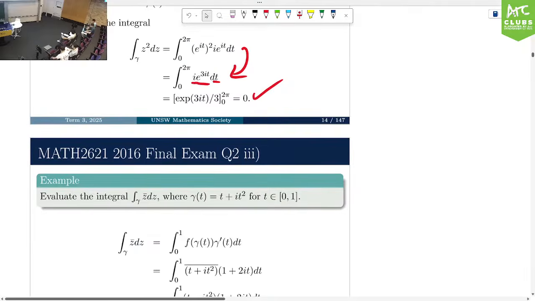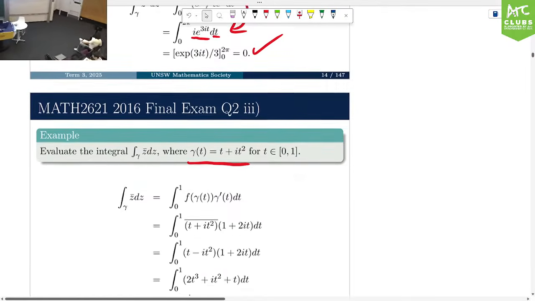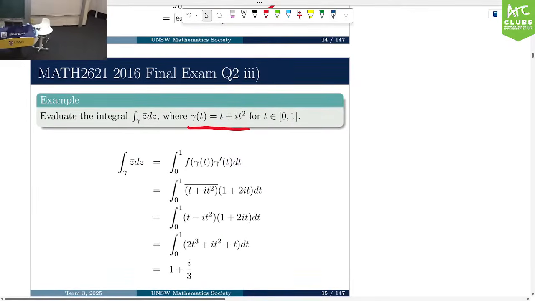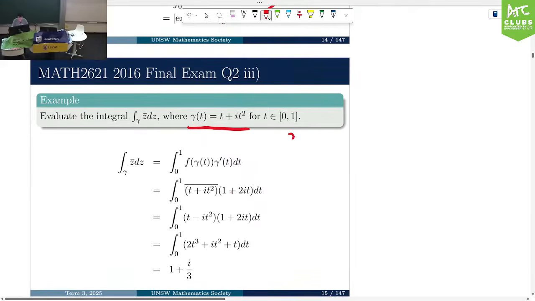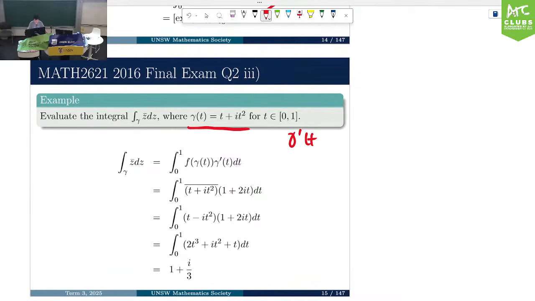So this is another similar example, except they gave us the parameterization, which is gamma(t) equals t plus i t squared. In this case, they help us by choosing the parameterization. All we have to do is just chuck it in the formula. Differentiate gamma with respect to t, we have 1 plus 2it. And since t is from 0 to 1, that's our lower and upper bounds over here.